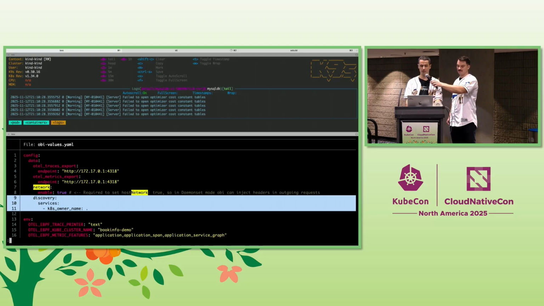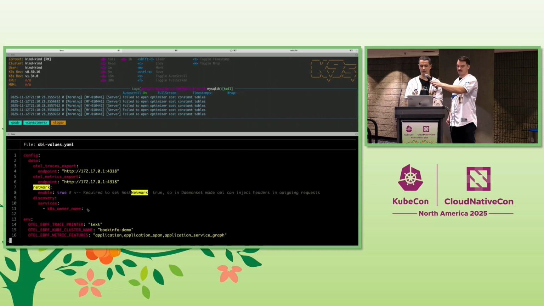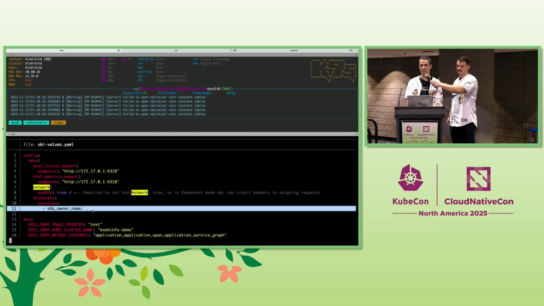In this discovery section, this is a regular expression, so adding a dot here, I'm telling OBI, discover everything. So it will instrument all the services, except those Kubernetes services or other related OTel collectors that would add noise.